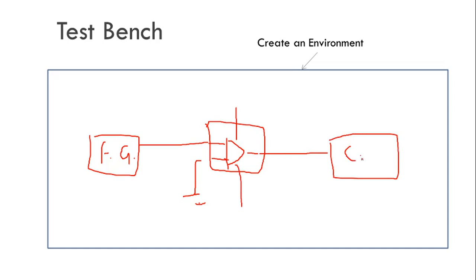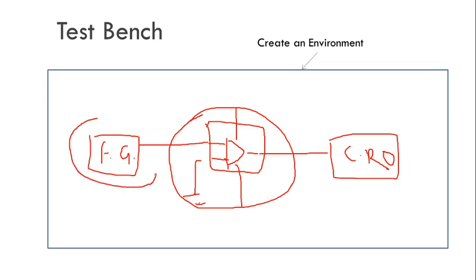It means all the things are available in the lab itself. We are going to test the IC 741, where we provide the input from the function generator and check the output on the CRO.